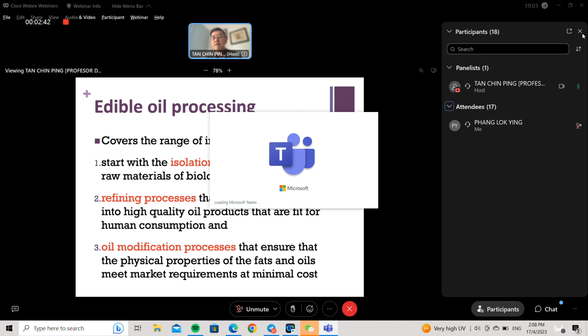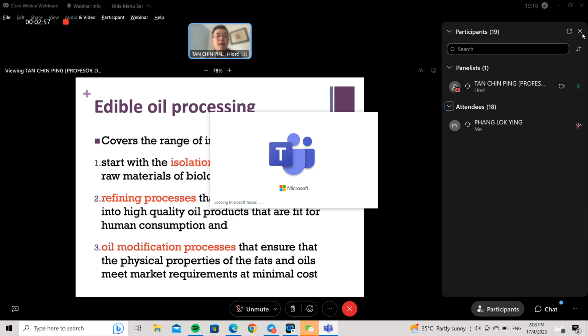So it can be from plant or it can be from animal. But I will concentrate the lectures on plant-based products, especially on palm oil.